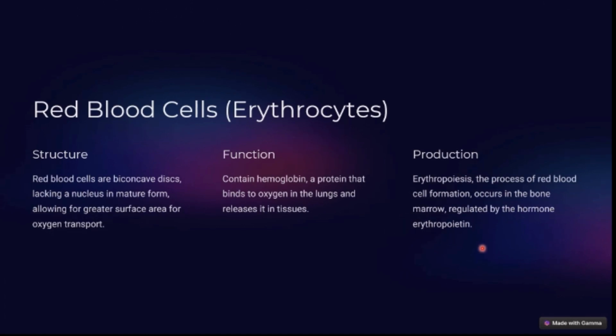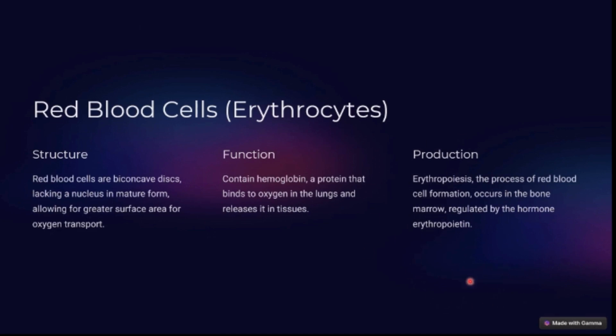Now we'll see some applied anatomy of RBCs. Anemia and sickle cell anemia. So what is anemia? It is characterized by a reduced number of RBCs or low hemoglobin levels, which leads to reduced oxygen carrying capacity. Causes include iron deficiency, chronic diseases and bone marrow disorders.